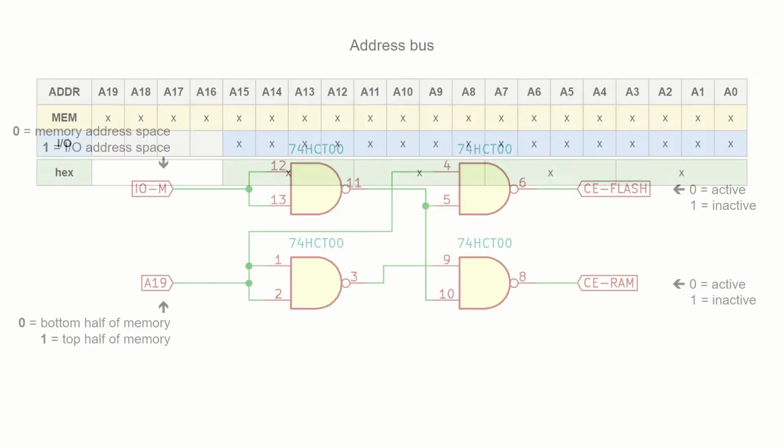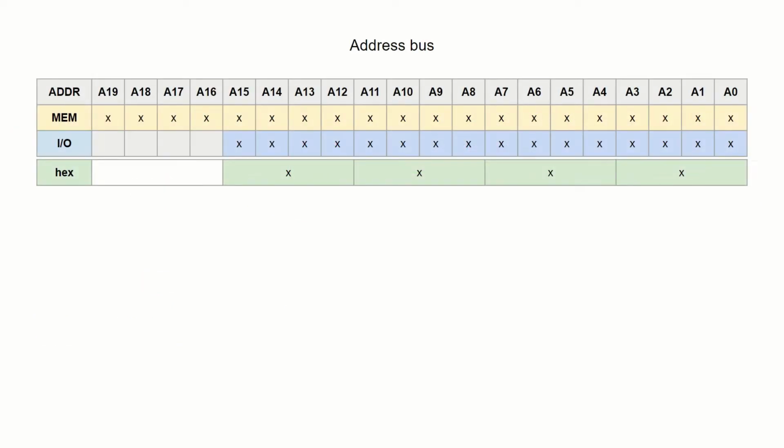This time though, we will use 3 address lines to tell 8 different address ranges for the future devices. And of course we cannot use the A19 again, because the I/O address space is only 16-bit wide. Instead, I'm going to use lines A6 to A4.